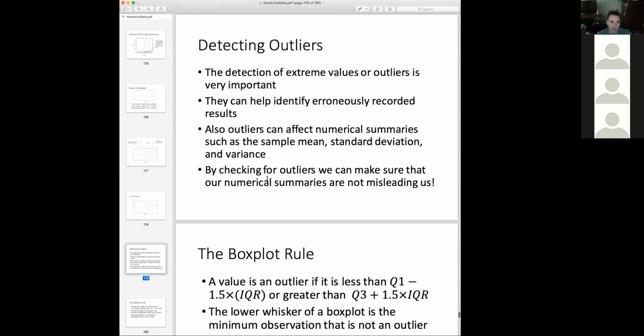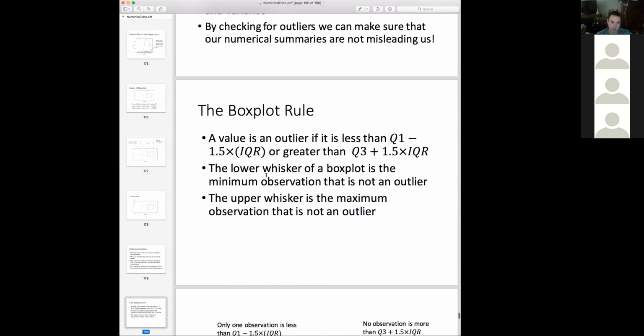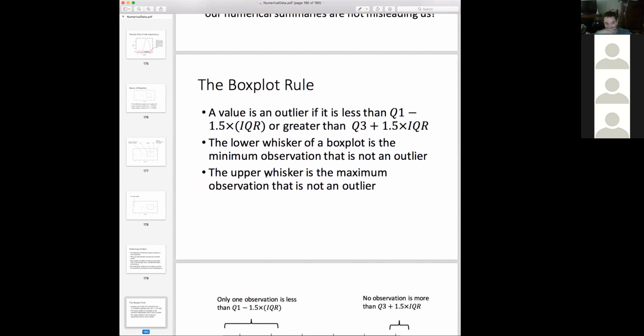In order to detect outliers, we can use the box plot rule, which is a calculation. A value is considered an outlier if it is less than Q1 minus 1.5 times the interquartile range, or greater than Q3, the 75th percentile, plus 1.5 times the IQR.